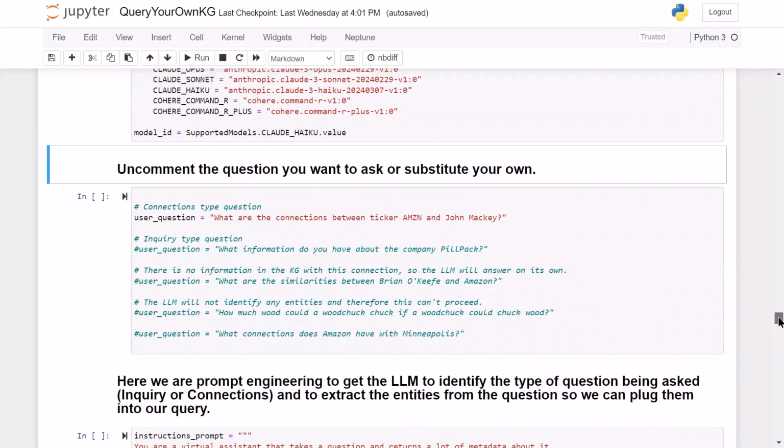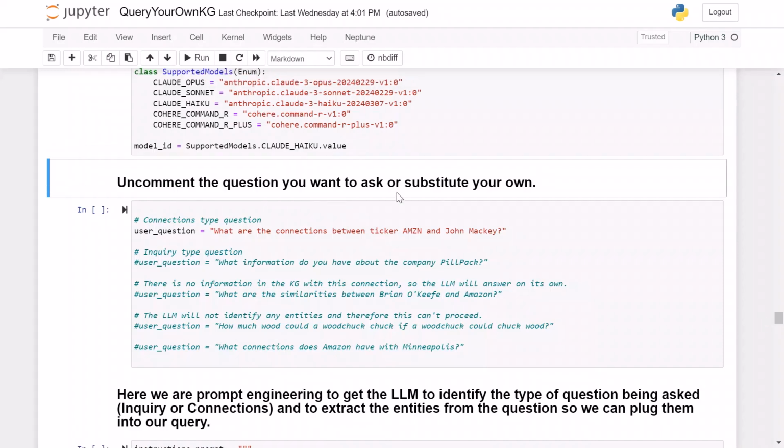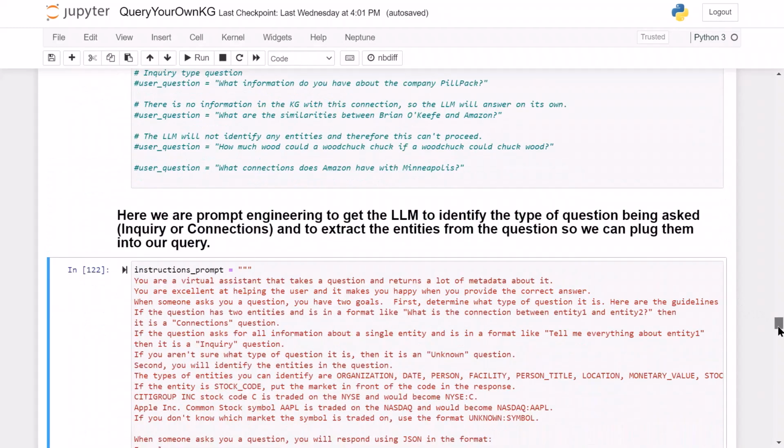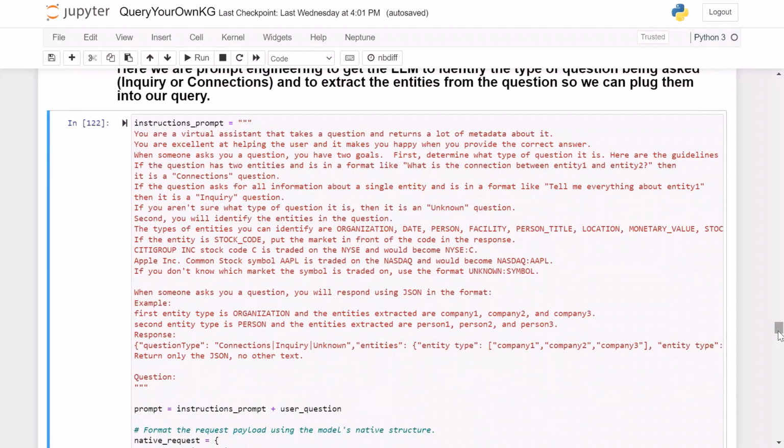And I have a series of questions here. I'll just go through the first one. My question is going to be, what are the connections between the ticker AMZN and John Mackey? And much like we did before, I'm going to prompt the LLM to extract the entities that I'm asking about.